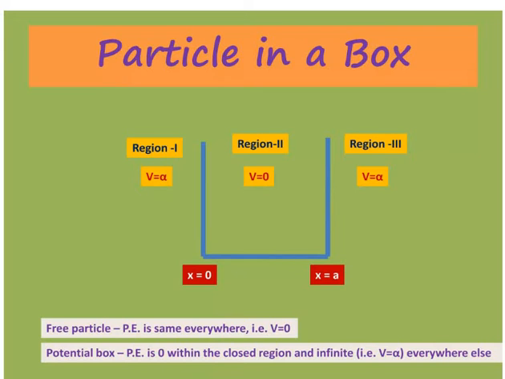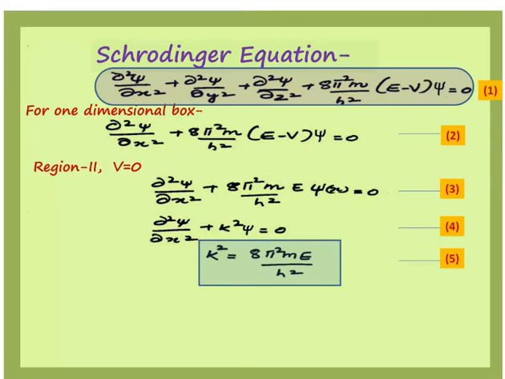So x is equal to 0, x is equal to a. So for a free particle the potential energy is the same everywhere, that is V is equal to 0. Now in a potential box, potential energy is V0 within the closed region and infinite everywhere else. So this is the boundary condition.